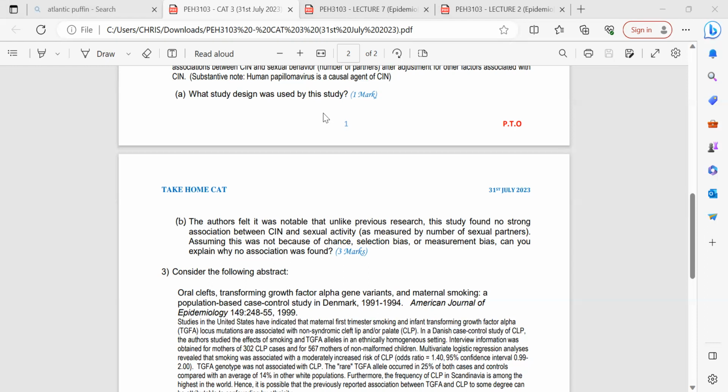But my thinking is, maybe there are some other factors which are responsible for this neoplasia, which came into play, such that it was not necessarily because of human papillomavirus. There were other factors which contributed to this CIN, and those were the confounders. Thank you.